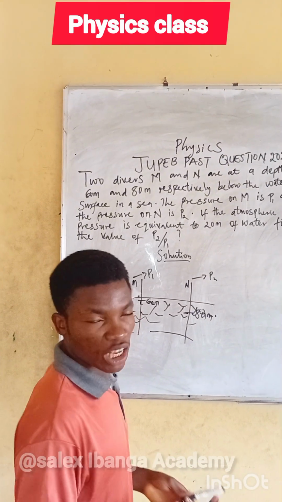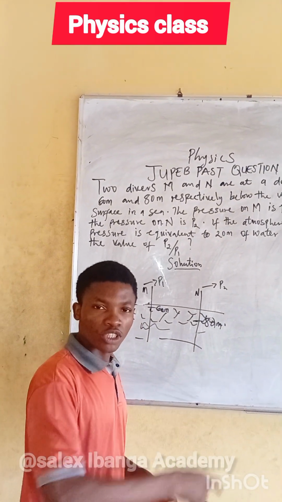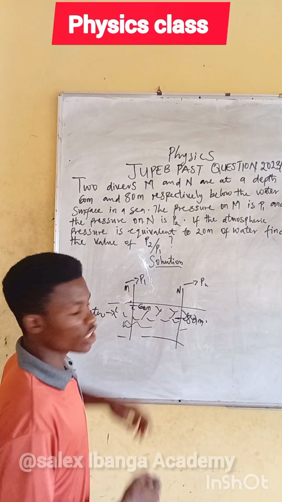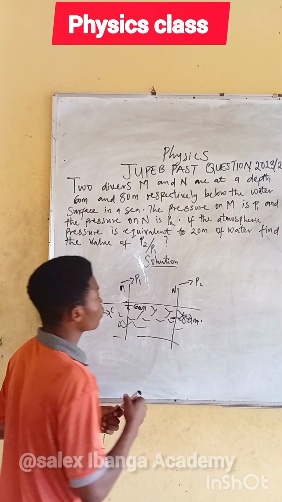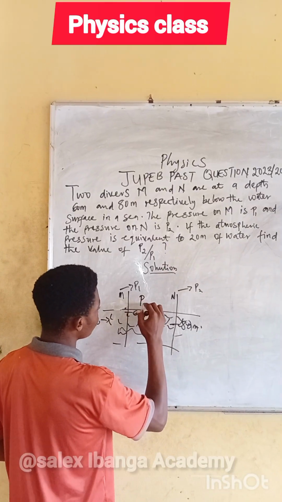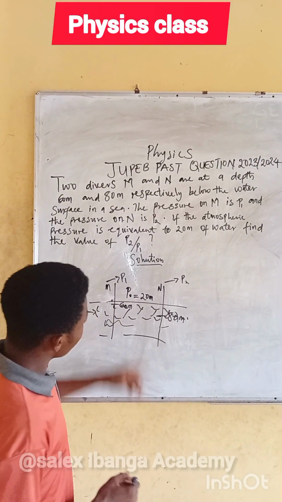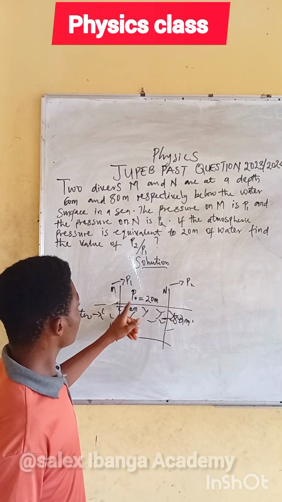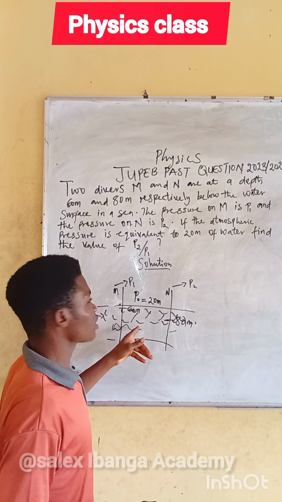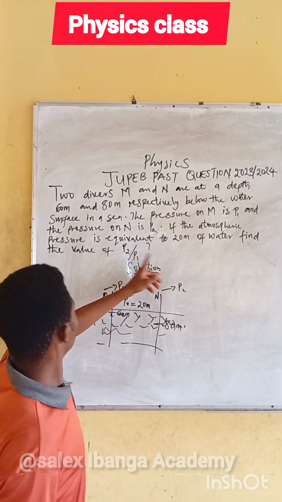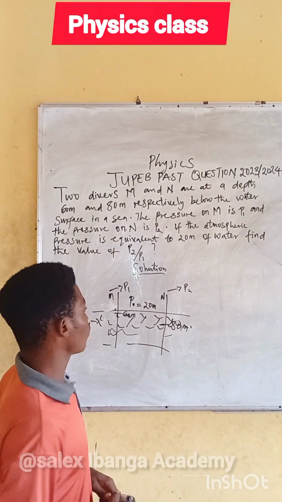Atmospheric pressure is the pressure exerted on the surface. So the pressure acting at this point, P naught, equals 20 meters. It is the pressure acting on this surface.